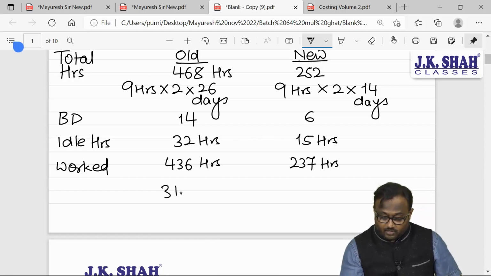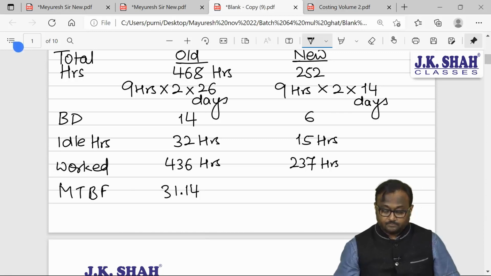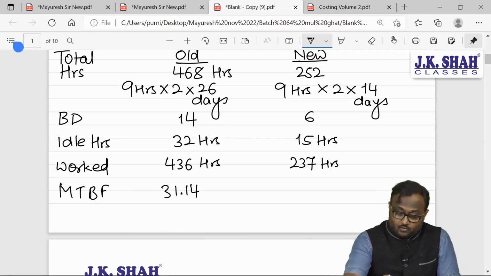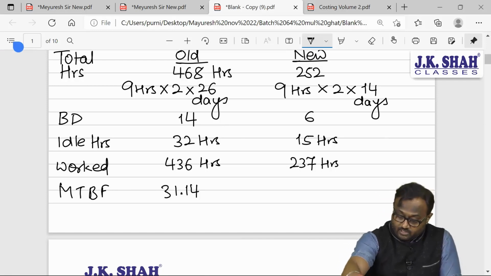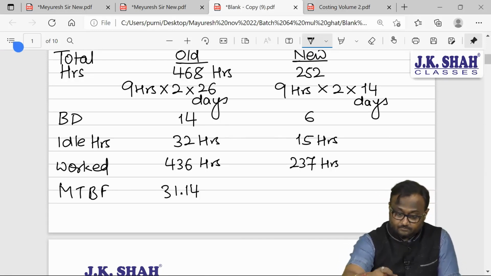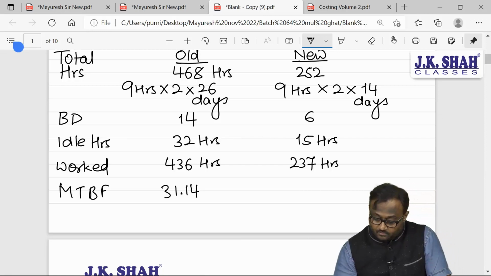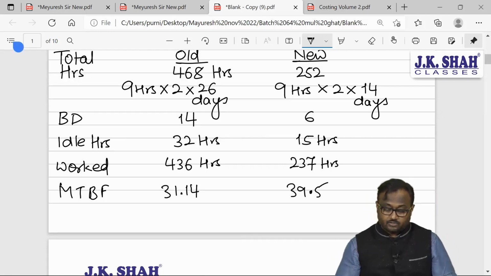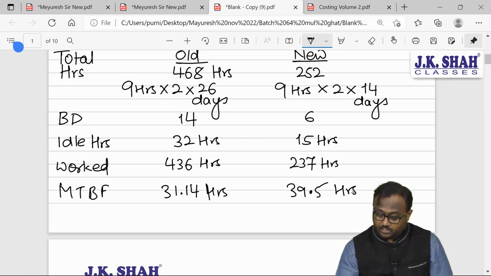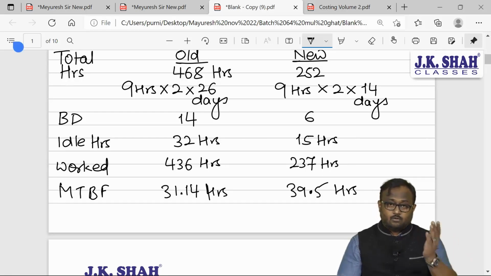So 31.14 is your mean time between failures, which is 237 divided by 6, which is 39.5 hours. So after every 31.14 and after every 39.5 hours, there is a breakdown, old as well as new.